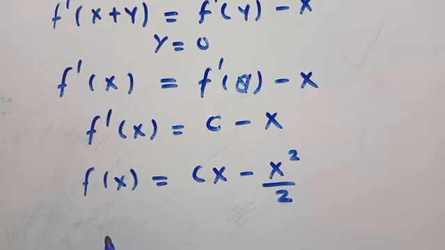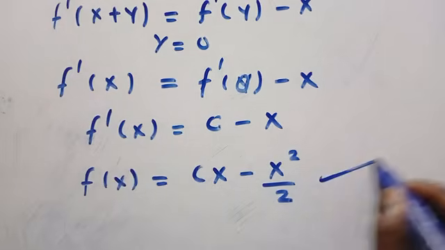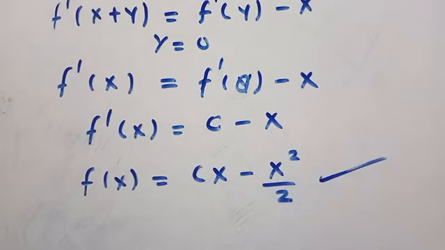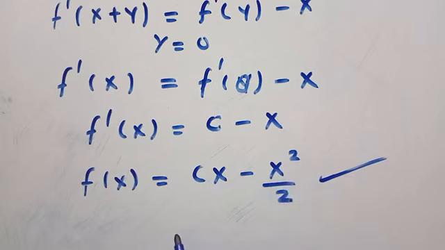So what this is saying is, we got the f of x that we need by differentiating and also integrating to get the function f of x. This shows that this function is a quadratic, since we have x squared here.